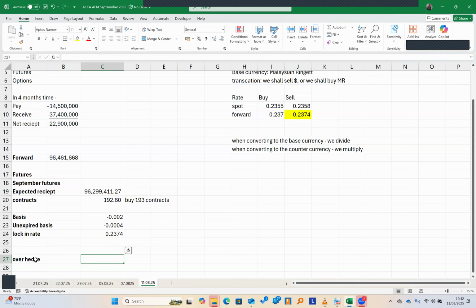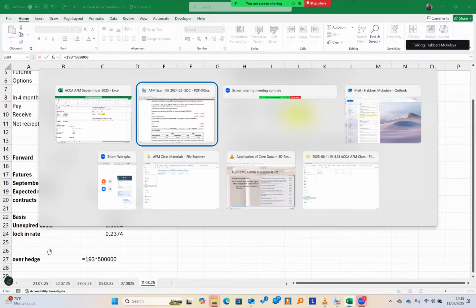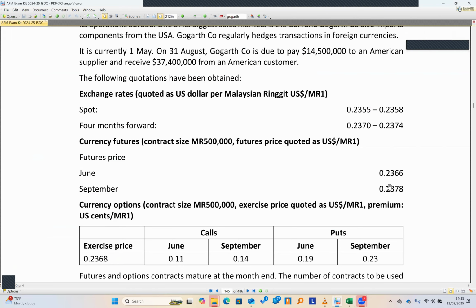we bought 193 contracts, okay? And if you get 193 contracts and multiply by the 500,000, and then we compare with this, we compare with this 4 months forward, okay?